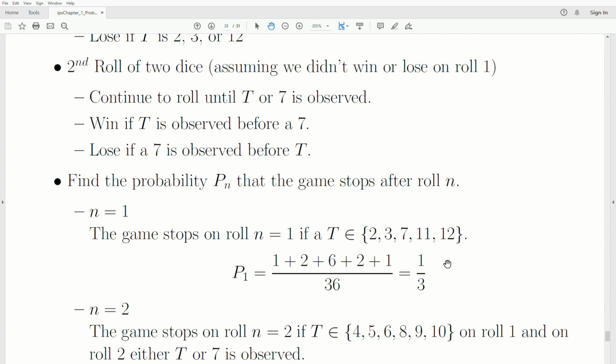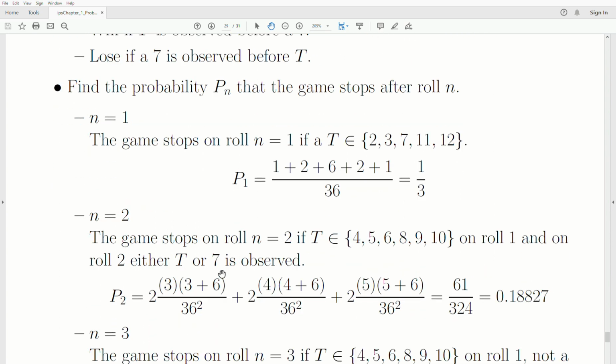And there's a 1/3 chance that that happens on roll 1. Now remember, we're not calculating the number of rolls to win or the number of rolls to lose. It's just the number of rolls in the game of craps, win or lose. So win or lose, you have a 1/3 chance of stopping after the first roll.